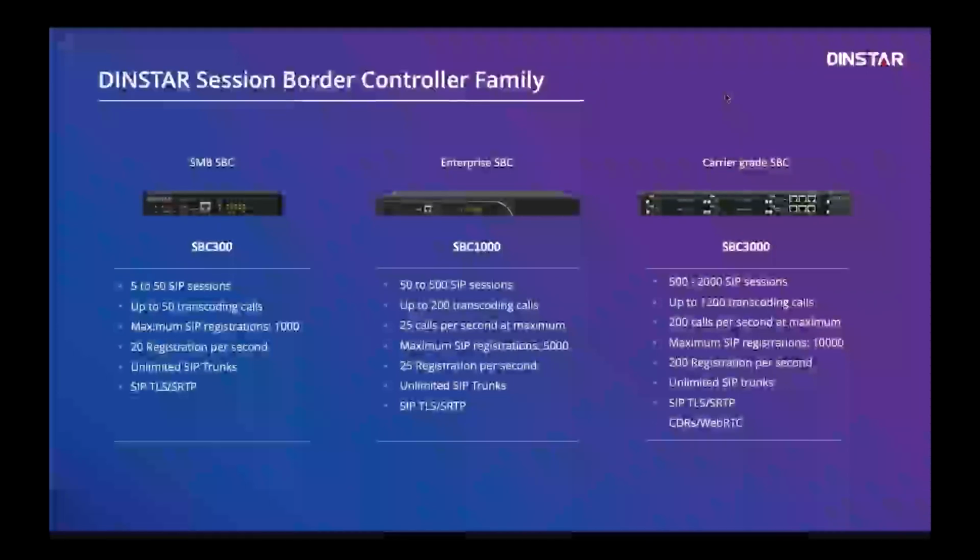And SBC 1000 is for enterprises, supporting 50 to 500 SIP sessions and up to 200 transcoding calls. And SBC 3000 is for service providers and carriers, supporting 500 to 2000 SIP sessions and up to 1200 transcoding calls.